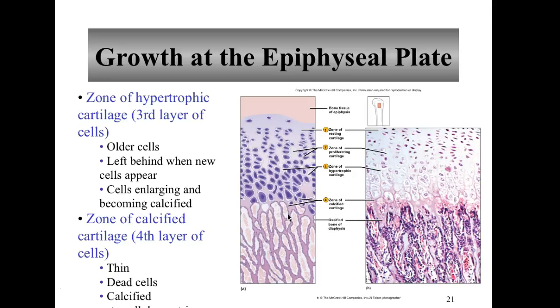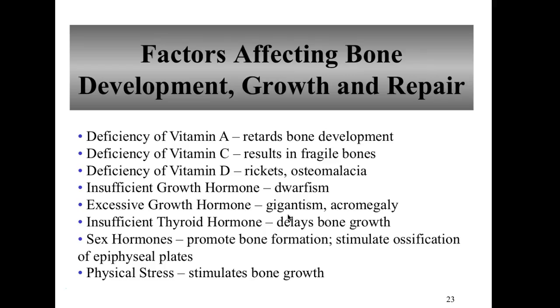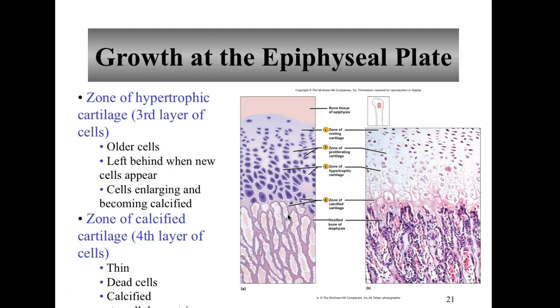So the diaphyseal border and the diaphysis is the shaft of the bone. And ultimately, what this allows for is that the epiphyseal plate allows for bone lengthening into adulthood.